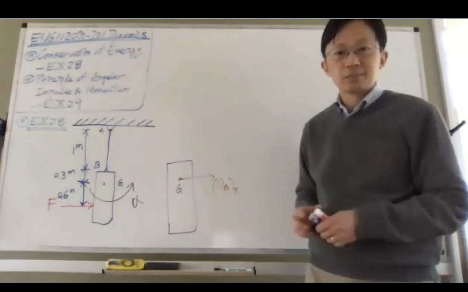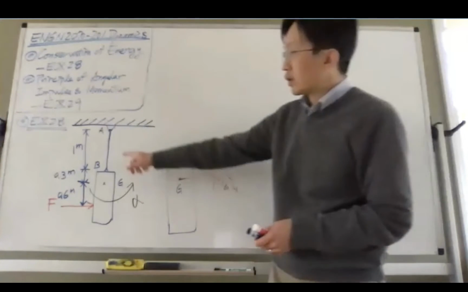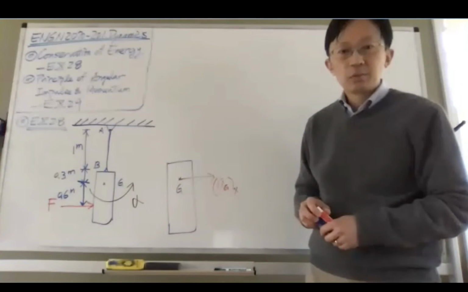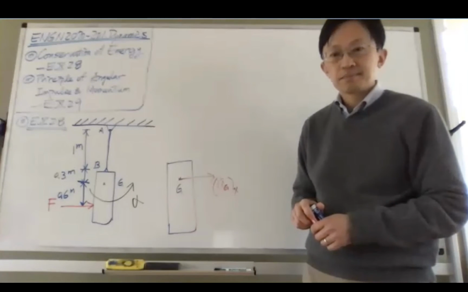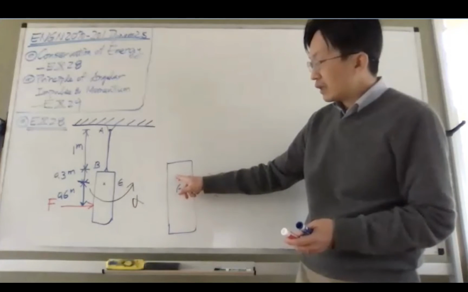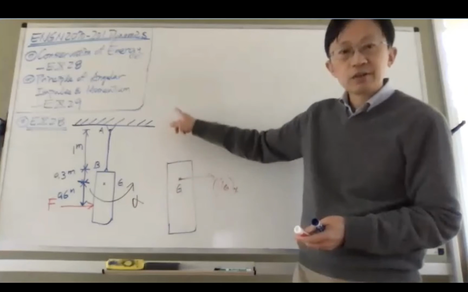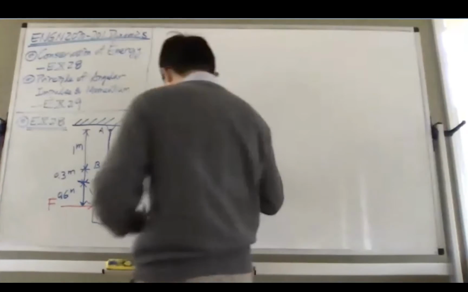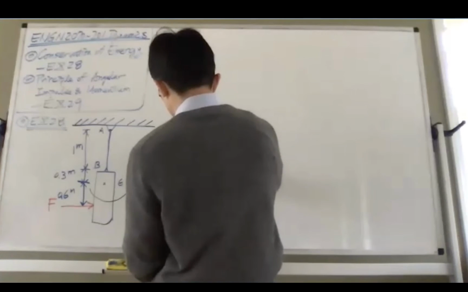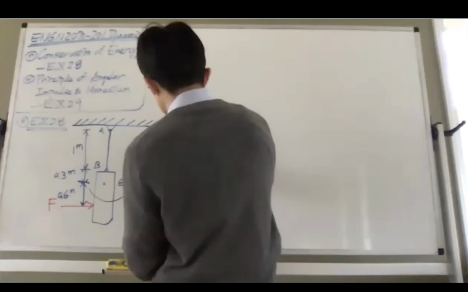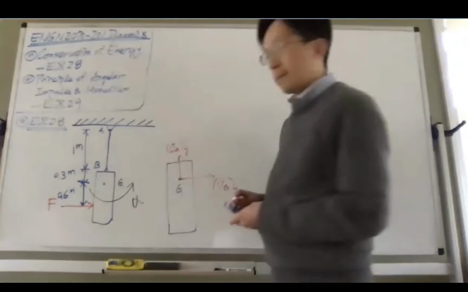But that's not possible because we assume that this rope is inextensible. Therefore, the only possible direction for a linear acceleration in the vertical direction is going up. So we call this one AGY.